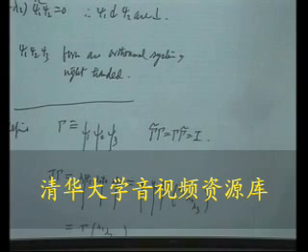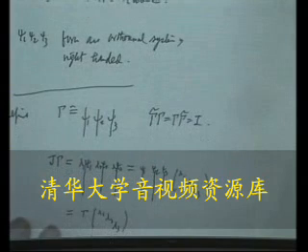This is a fundamental theorem now. If you have a real symmetrical matrix J, we have now found an orthogonal matrix gamma such that gamma tilde J gamma is diagonal. This is called diagonalization.